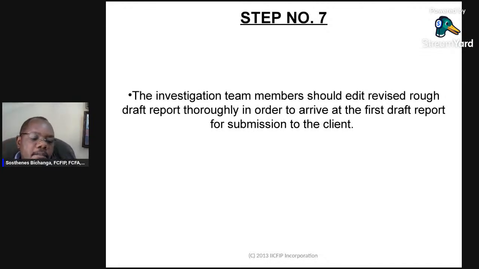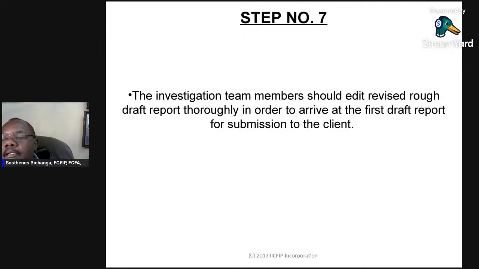And at this stage, I think the client will send back the report and say, this is correct, please print it, sign it, and send it to us. Once that happens, then the report ends there.